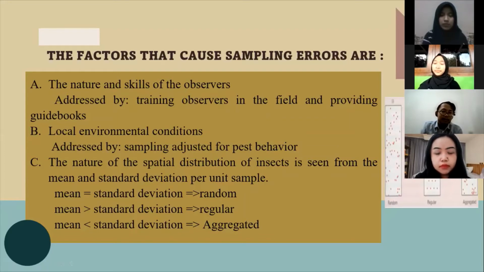C. The nature of the spatial distribution of insect, seen from the mean and standard deviation per unit sample. Mean equal to standard deviation is random. Mean greater than standard deviation is regular. Mean less than standard deviation is aggregate.